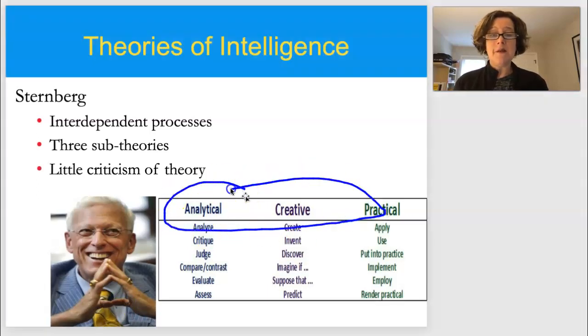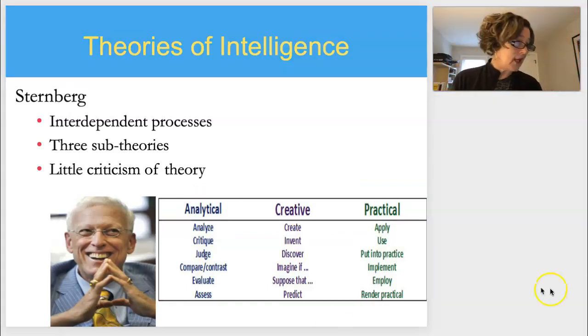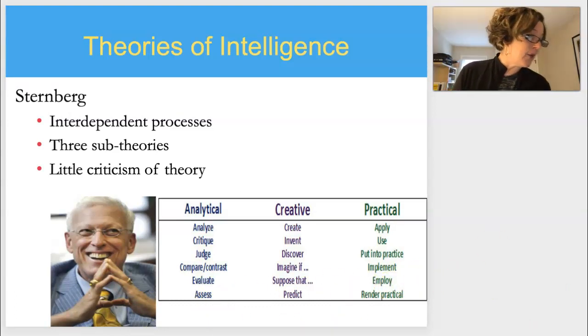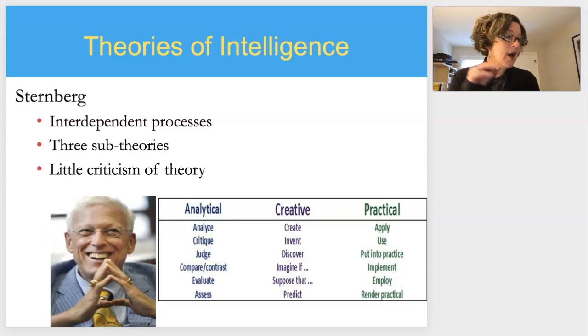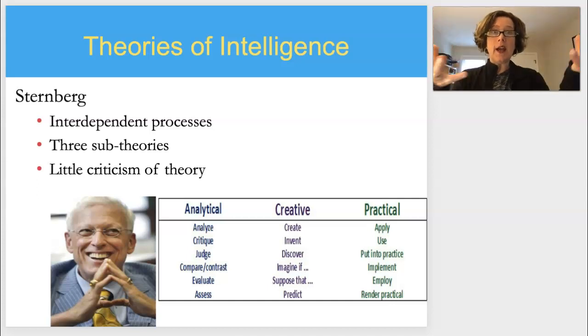And for him, that's kind of ridiculous, because intelligence for him absolutely is the interplay between these. He contends that what makes the difference in determining if one is smart depends on how different people use and balance their mental aptitudes. So how are they using analytical, creative, practical, and how are they actually balancing those out?